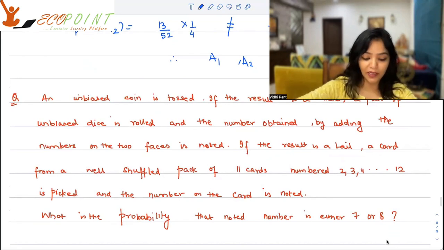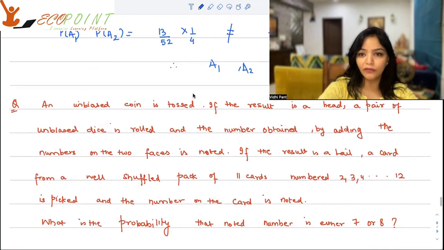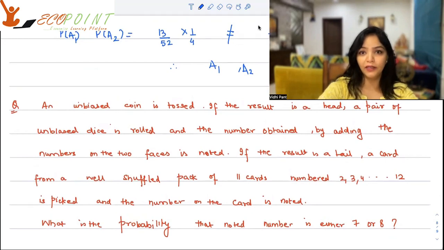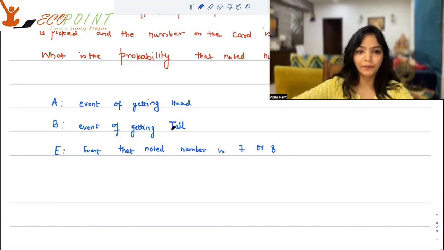Well, so you have to find out the probability that you get either 7 or 8. Now, 7 or 8 you can fetch when you are tossing a coin, under both the situations of getting head or tail. Let A be an event of getting head.